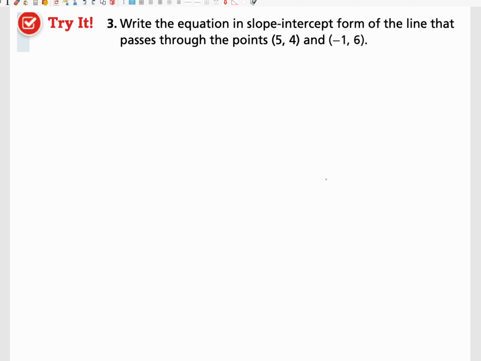Okay. So the first thing I need to do is find the slope. I've got the equation, y2 minus y1 over x2 minus x1. Sometimes in the books they call this change in y over change in x, or difference of y over difference of x. There's lots of ways we can say this, but it's all this formula.